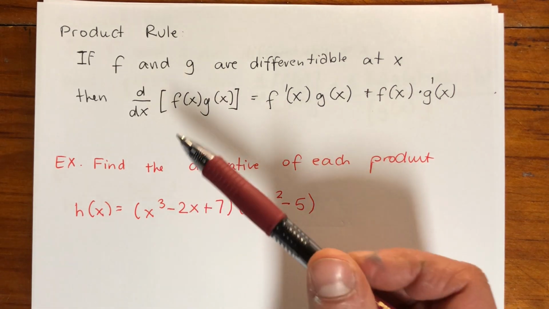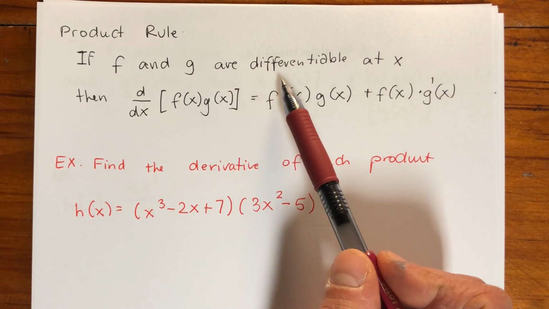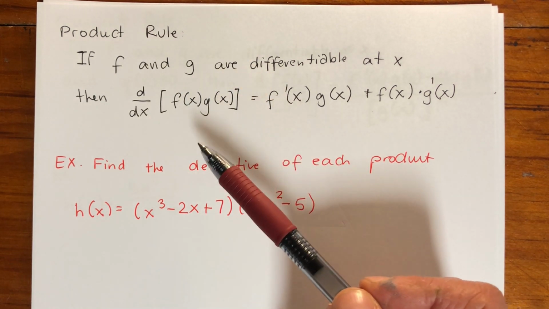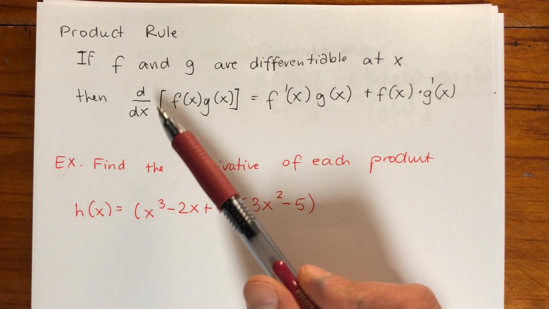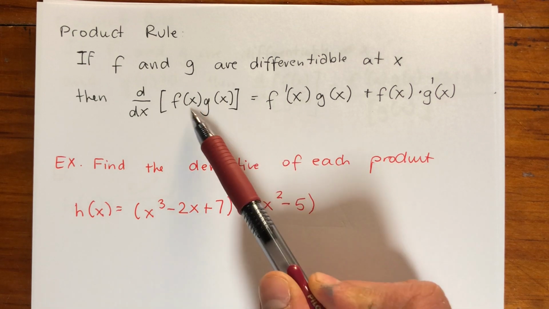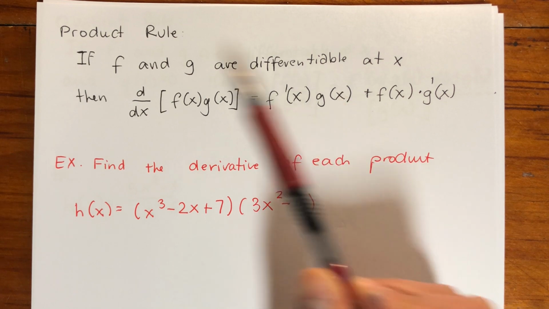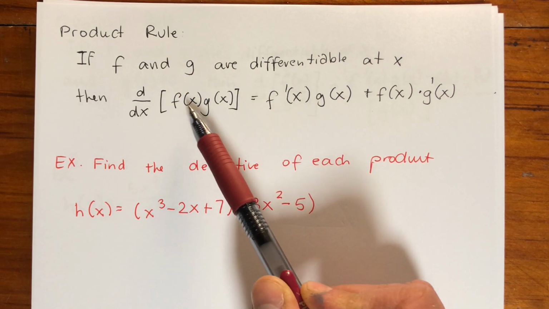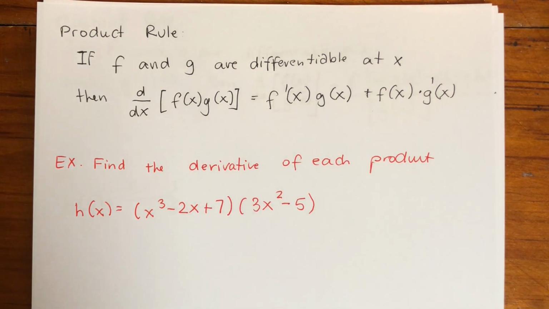So the formula is telling us that if functions f and g are differentiable, which means that you are able to find the derivative, then you will find the derivative of the first function, multiply it by the second function, and then you will add the product of the first function times the derivative of the second function.